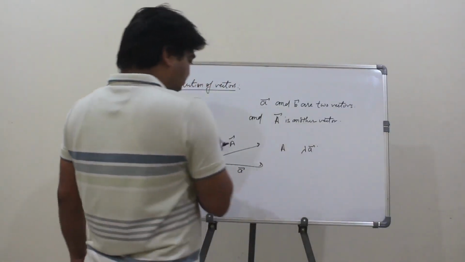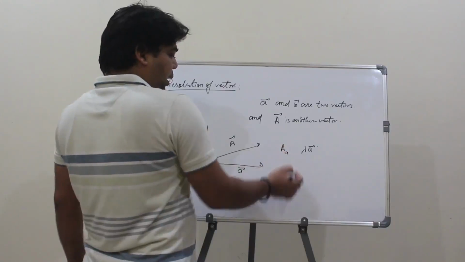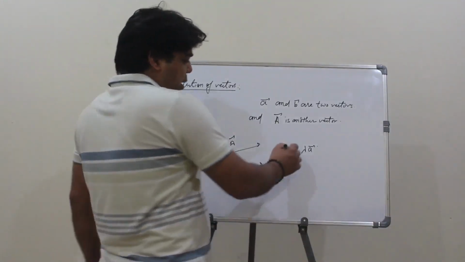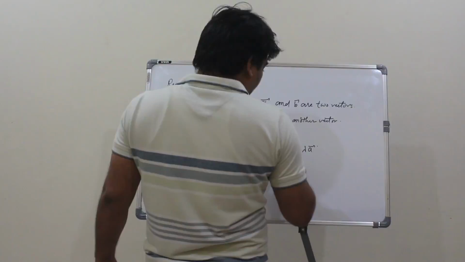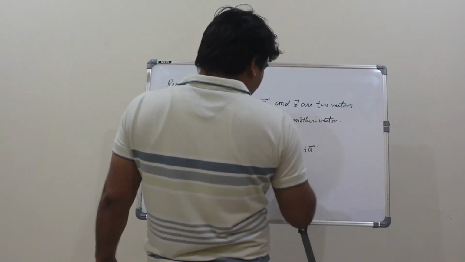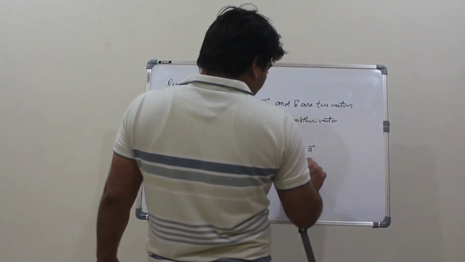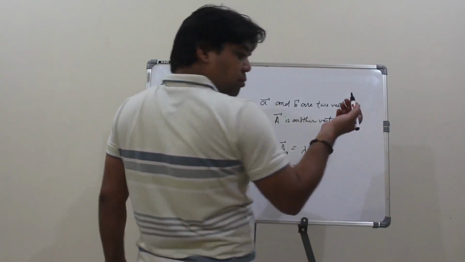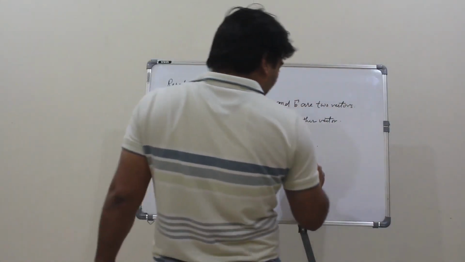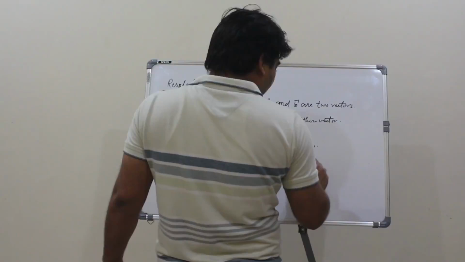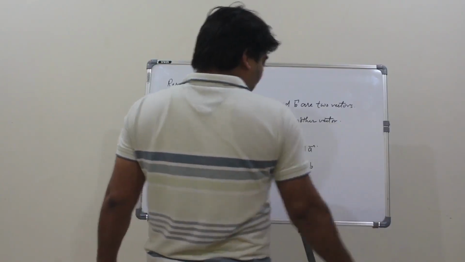Similarly, the other will be mu times b, right?